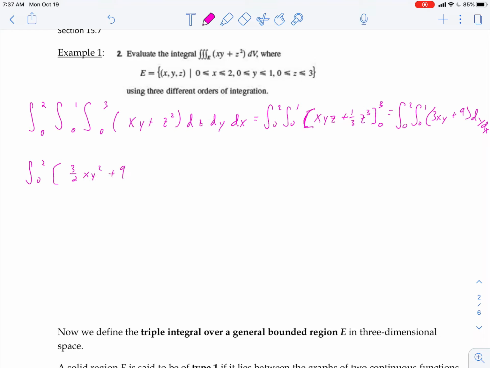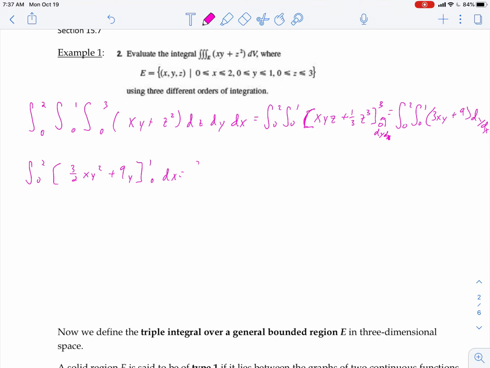We're integrating this with respect to y, so 3 halves xy squared plus 9y from 1 to 0, dx. I forgot to write that dy dx; it should go right there.